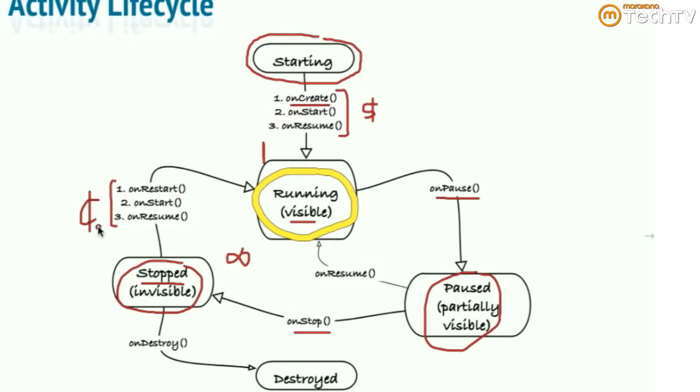At some point, the system is going to decide that certain activities that are in stop state are to be destroyed, and it's just going to destroy it on its own. So this is also what's very interesting about Android is you don't have a quit button. I don't know if you noticed, but you can't quit an application, right? Unlike in your Microsoft Windows, when you're done with Word or Excel, you go and you close it.